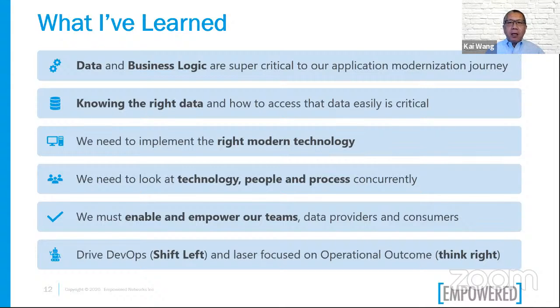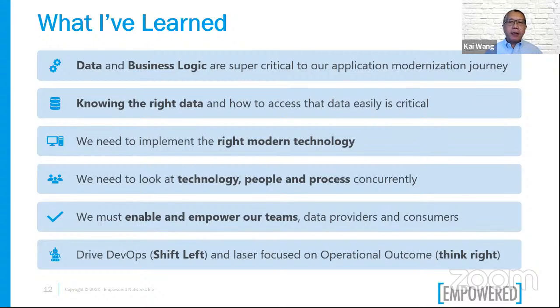We must know the right data, providers, consumers, and how to access that data easily and safely. That's super, super important. We need to implement the right modern technology to enable that access and consumption.